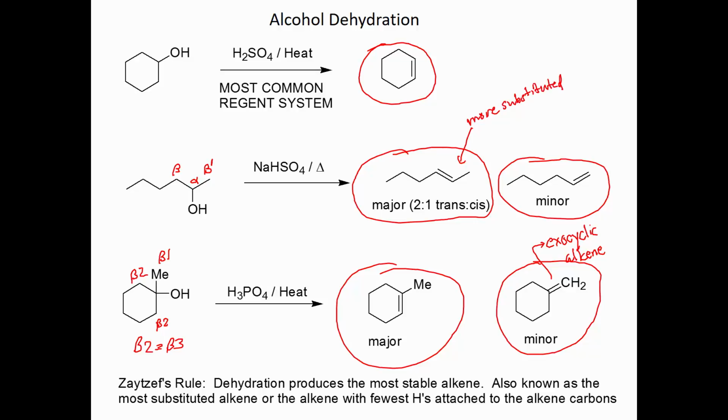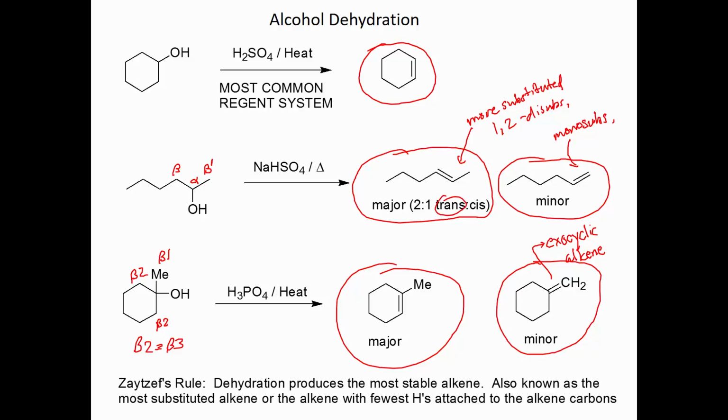Okay, it's 1,2 disubstituted, and this one is monosubstituted or less substituted. Of the disubstituted alkene that you see more trans than cis.